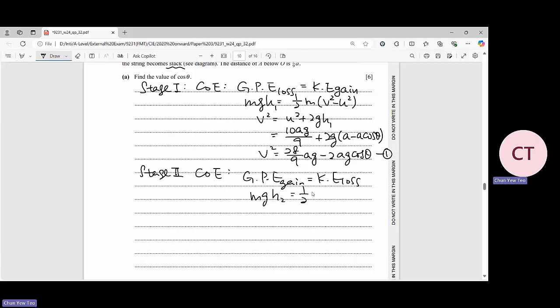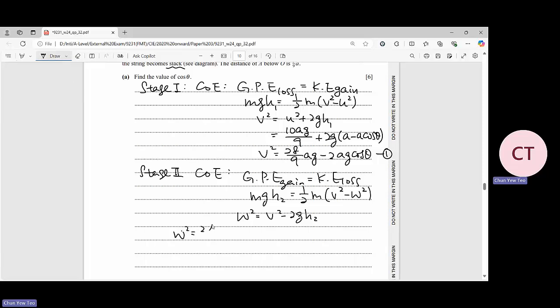Then it will be half m of the v square minus the w square. So you will have the w square equal to the v square minus 2g h2. So w square, we already have v square here. Just copy down only. I might need more space, so I will write my w square over here.